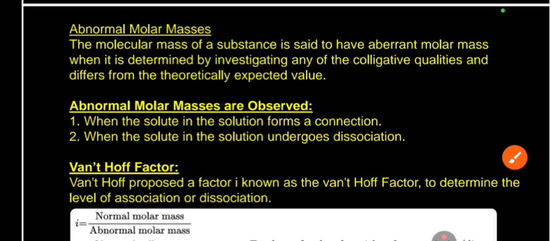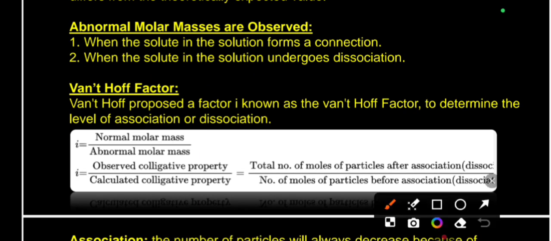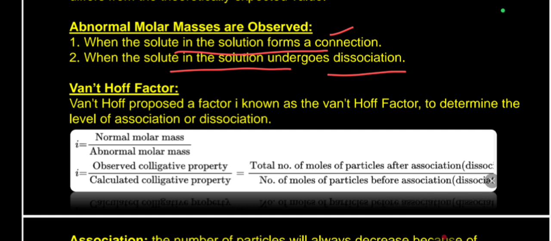Okay, so you can see here abnormal molar mass is observed when the solute in the solution forms association, meaning some particles associate, or when the solute in the solution undergoes dissociation, or maybe some dissociation has taken place. So this is called abnormal molar mass. Okay, so one example I am giving to you.